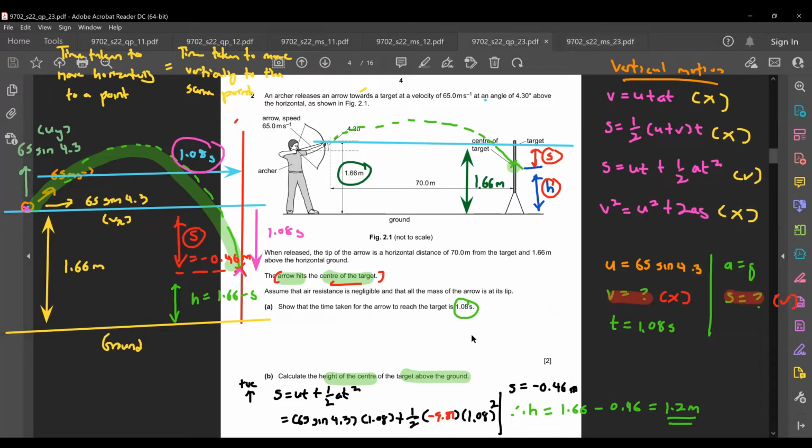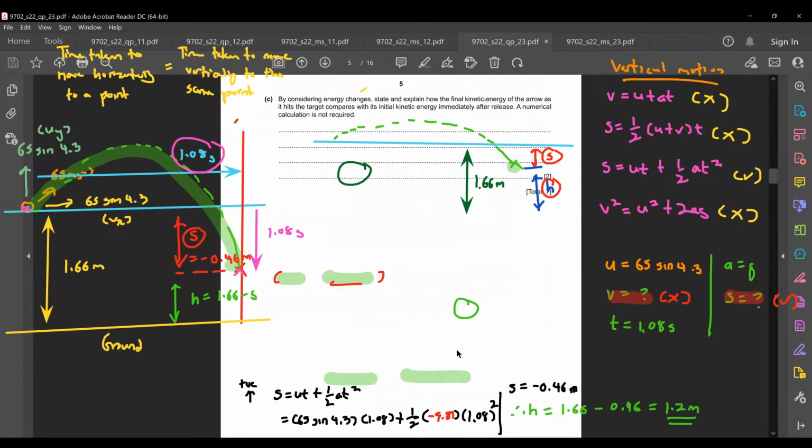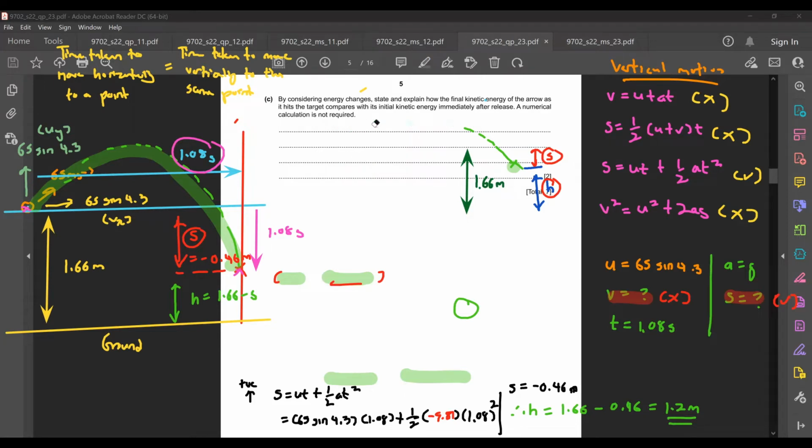Right. So if this one is okay, then I'll move on to the next part. The next part is asking you this. By considering energy changes, state and explain how the final kinetic energy of the arrow as it hits the target compares with the initial kinetic energy immediately after release. A numerical calculation is not required. Okay, let me just get rid of this.